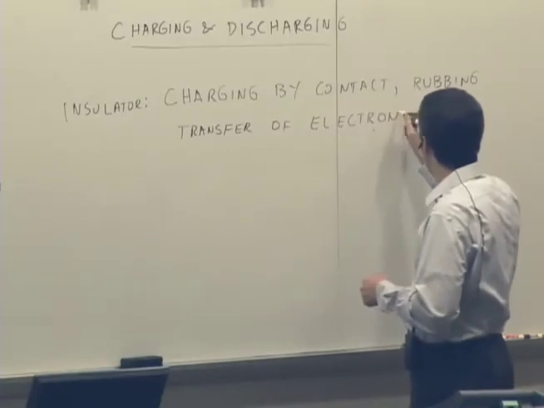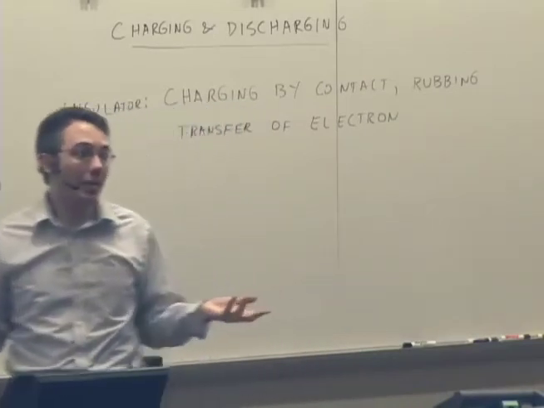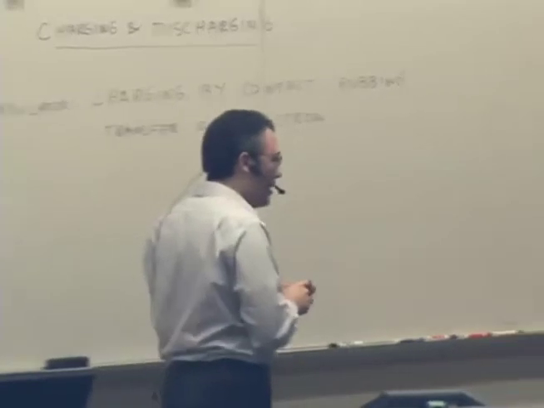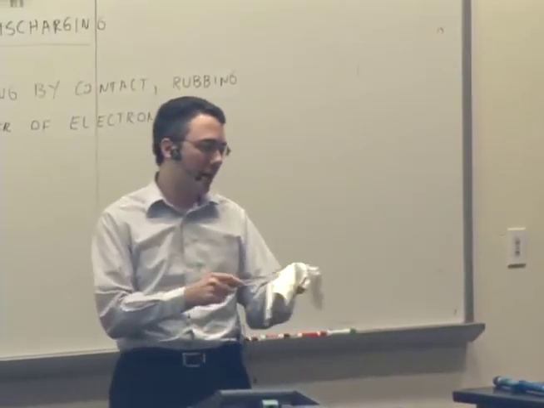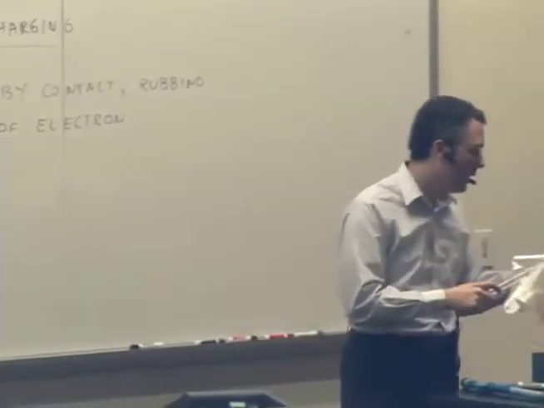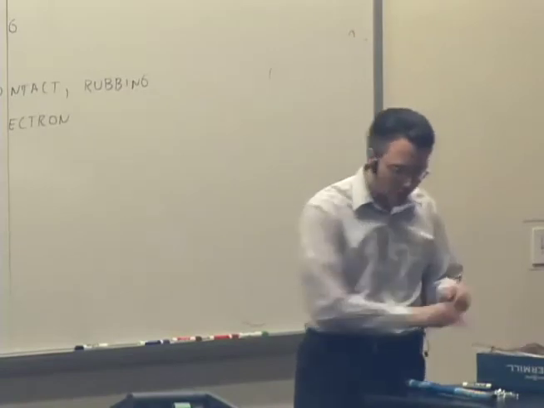Maybe one object is losing electrons, the other is gaining electrons. It's got to obey conservation of charge, though. So if you rub the clear plastic pipe and the silk, the total charge of the silk plus pipe stays the same, but one becomes more negative, one more positive due to a transfer of electrons.